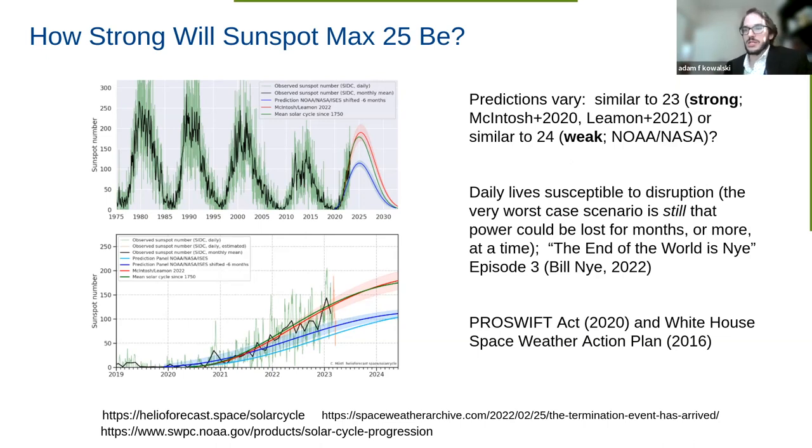We're already starting to see a lot of flare activity, and it may be more active than the original prediction by NOAA and NASA. NOAA and NASA originally predicted it to be one of the most tame solar maxima in recorded history. And then a new technique was published, which is a more empirical technique of predicting the next solar maximum.